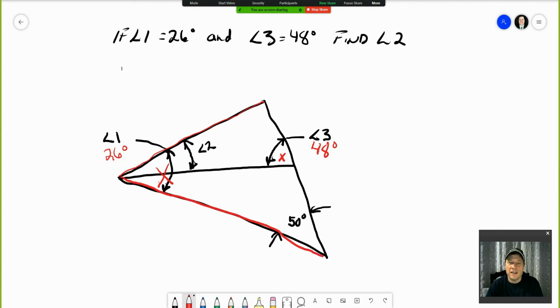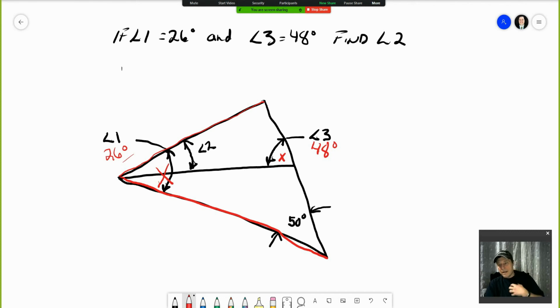So the first thing I identify is that there aren't just 1, 2 triangles, there's 3 triangles, right? So look for that, watch for that. We're dealing with 3 triangles here. So I have an angle for this large triangle. I have this angle and I have this angle.